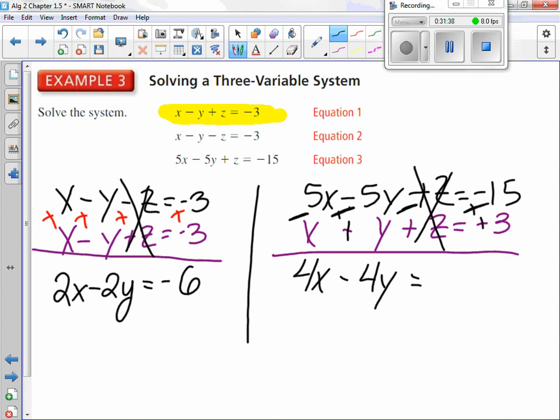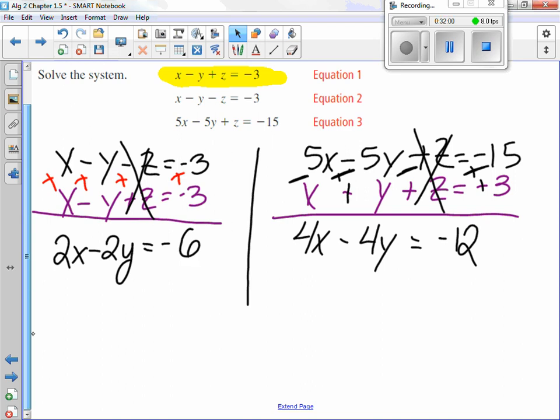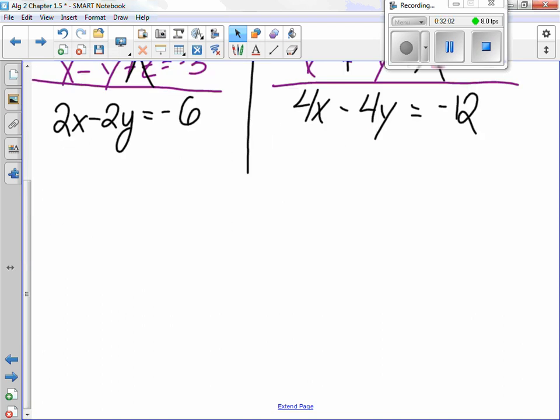Negative and negative make a positive, and we get negative 12. Okay. So any questions on how we got to these two equations here? We good on this here? Okay.